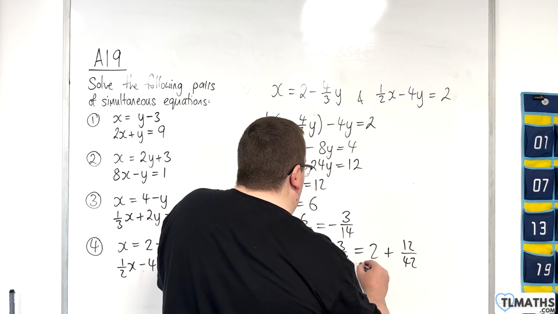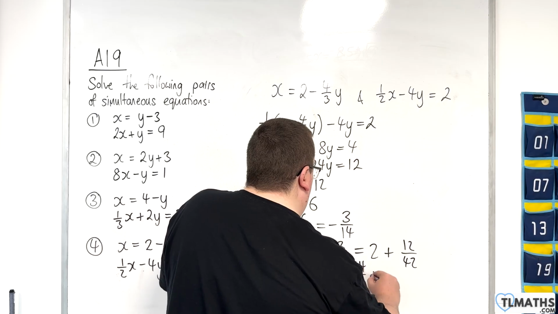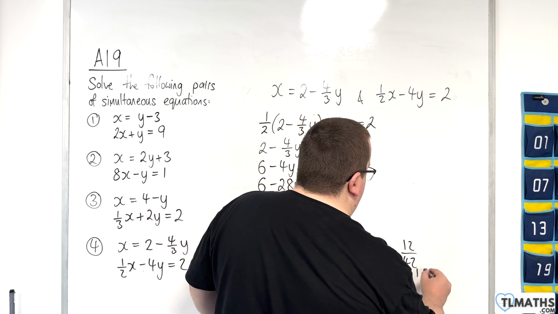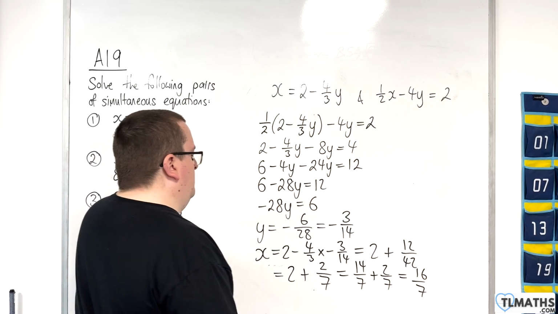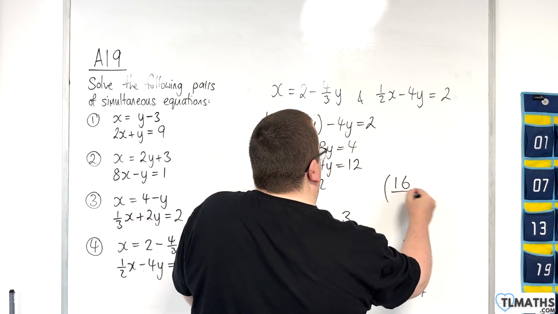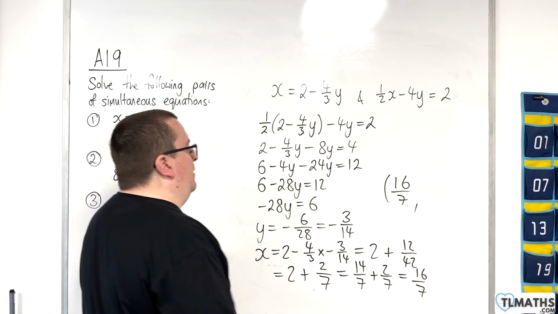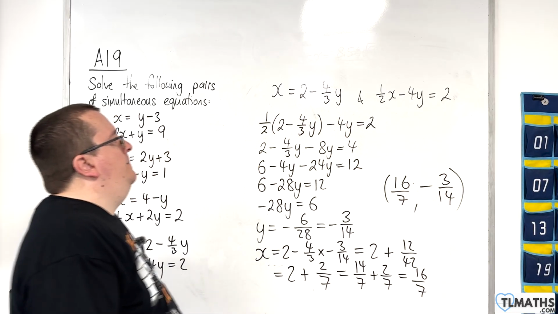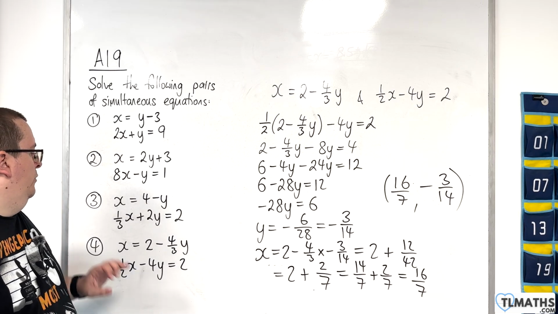So 2 is 14/7. So 14/7 plus 2/7 is 16/7. So the x value is 16/7, and the y value is minus 3 over 14. Okay, and that's solving number 4.